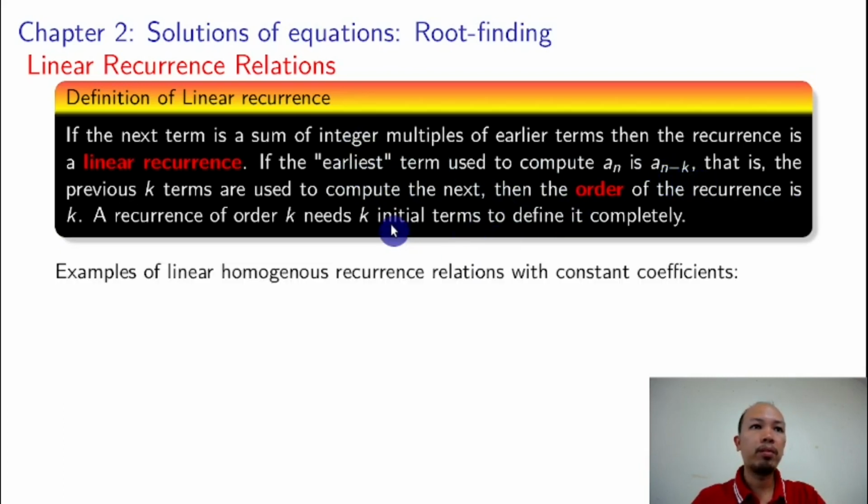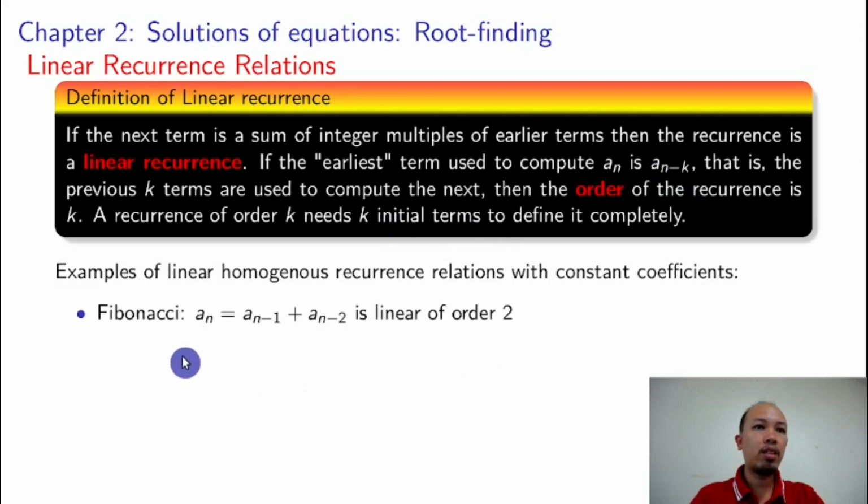For example, the Fibonacci sequence is an example of a linear recurrence relation of order 2. Since, as you can see, our a sub n is expressed in terms of k previous terms, our k is 2.